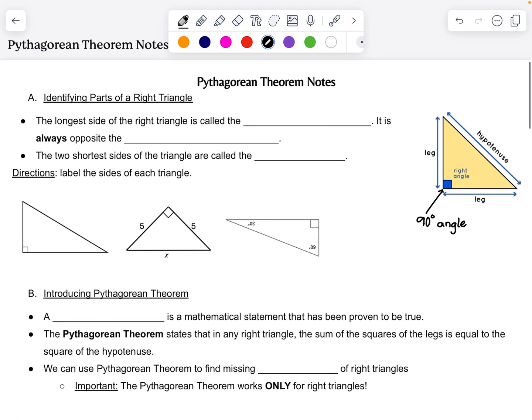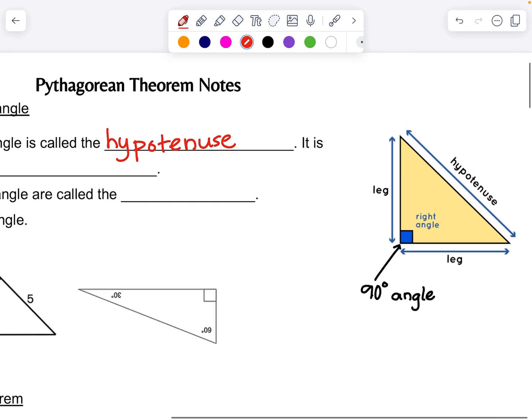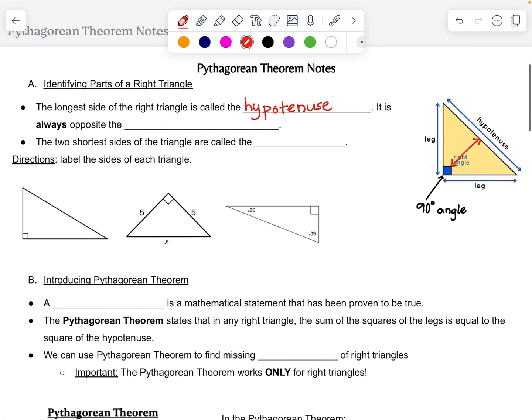And in right triangles, the longest side has a special name, it's called the hypotenuse. And the hypotenuse always lives right across, exactly opposite from that 90-degree angle. So it's very easy to find the hypotenuse.